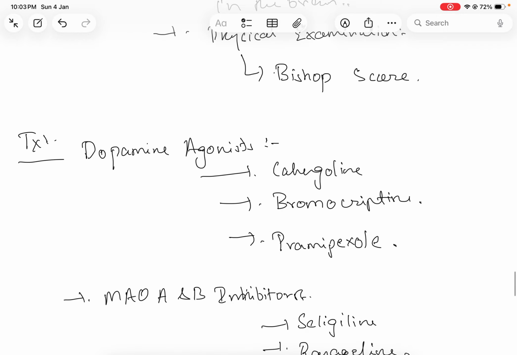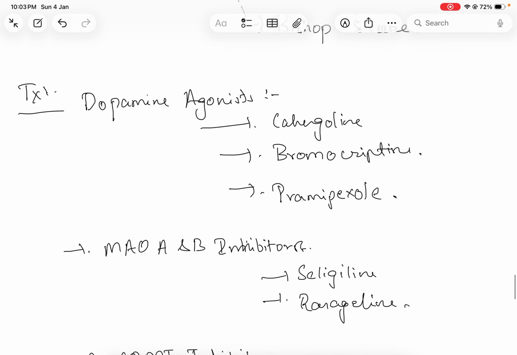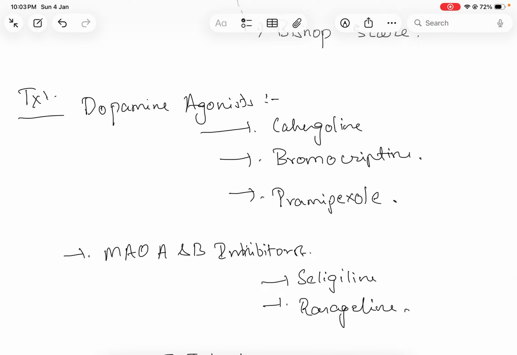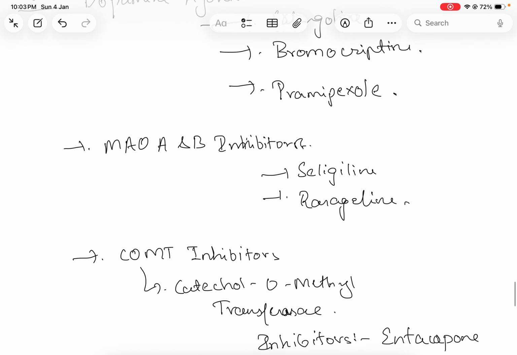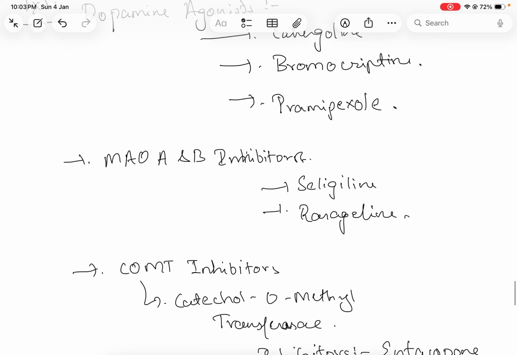The last thing is the treatment, the management of Parkinsonian patients, which is the pharmacological aspect of this disease. We usually go for dopamine agonists such as cabergoline, bromocriptine, and pramipexole, and MAO-A and MAO-B inhibitors. MAO refers to monoamine oxidase.